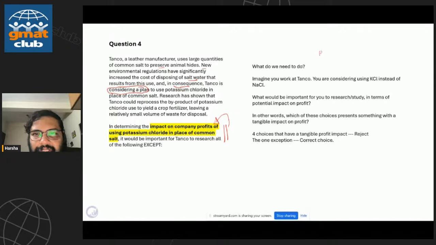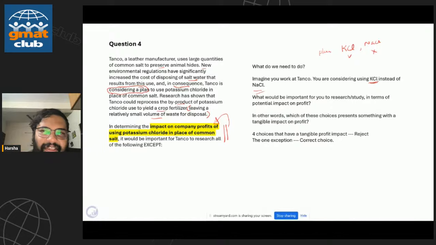So, what is the plan which is being considered, using, my apologies for using old scientific notation, the engineer in me came out by accident there when I was writing this. The plan is to use KCl instead of NaCl, or in other words, use potassium chloride instead of sodium chloride. Now, research has shown that Tanco could reprocess the byproduct of potassium chloride to yield a crop fertilizer, leaving a relatively small volume of waste for disposal.